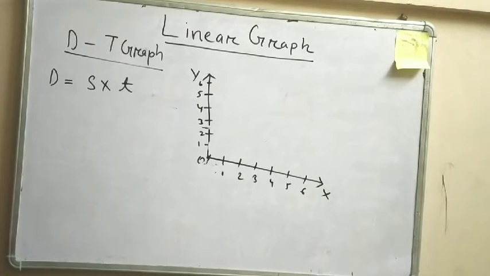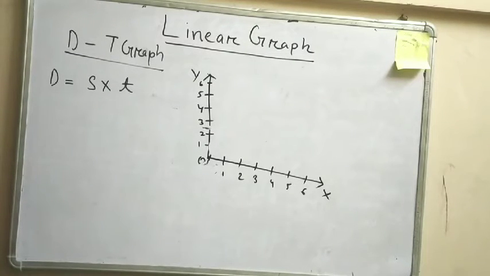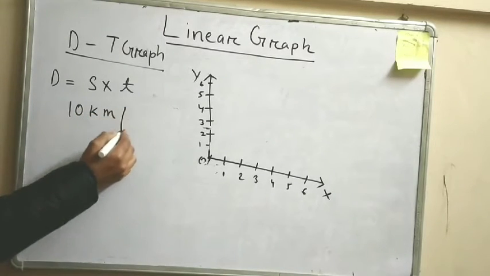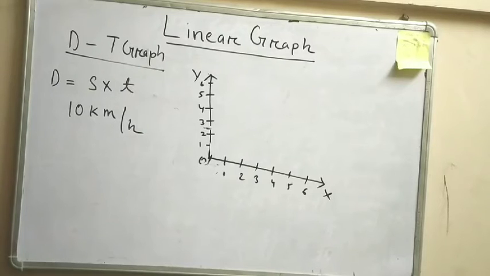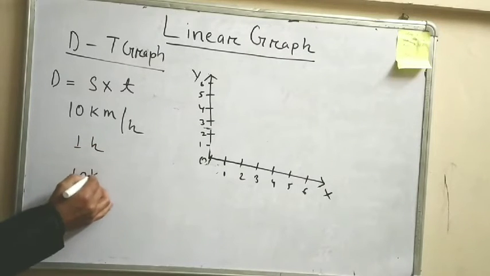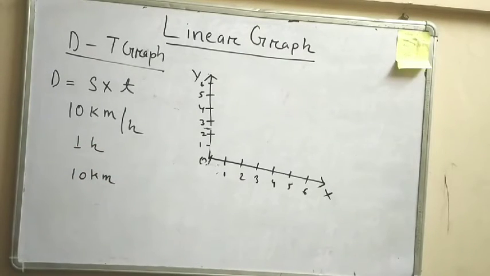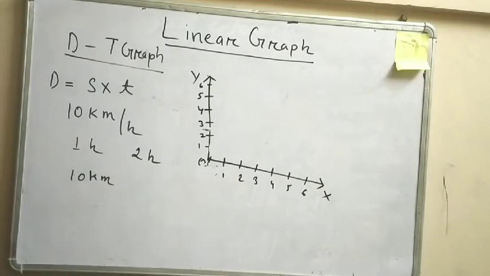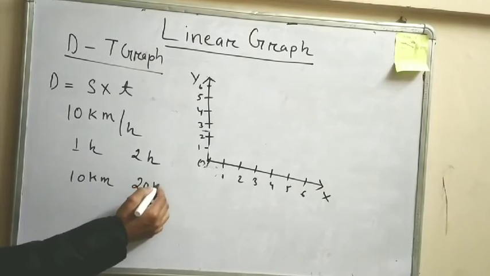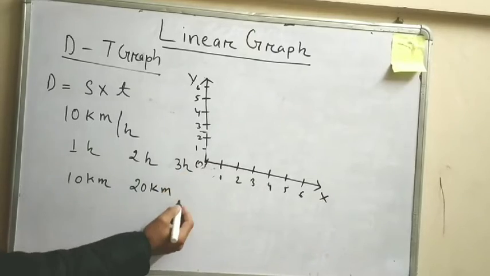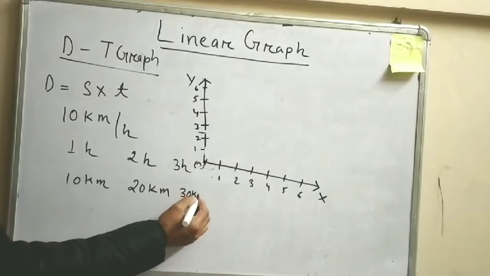Suppose a car moves at a speed of 10 km per hour. Then we can say very easily that the car travels 10 km in 1 hour. Similarly, in 2 hours the car will travel 20 km. In 3 hours the car will travel 30 km.